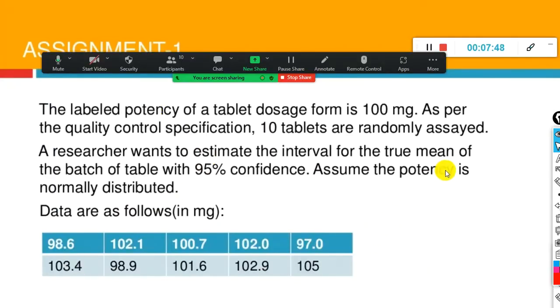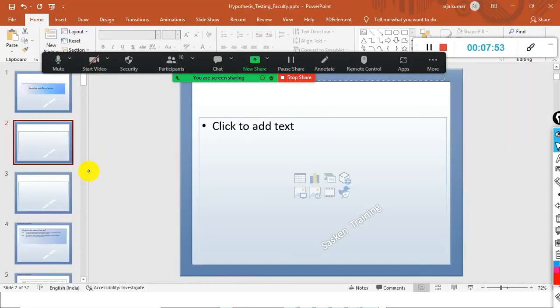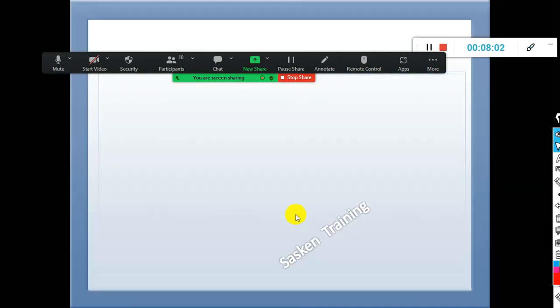If you add all the values, you will get the mean. The sample mean, we use the notation x bar, comes to around 101.24 mg.